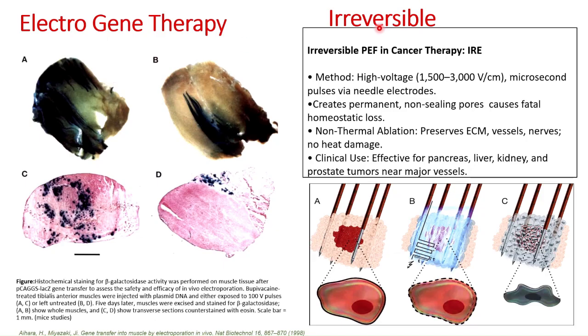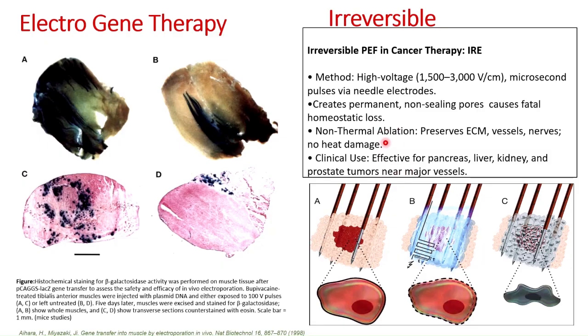The third is irreversible electroporation, wherein you actually do ablation of cancerous tumors, but it's non-thermal. It's coined as a non-thermal tumor ablation process. And here what you do is put really long pulses of the order of 2 milliseconds or so, and fairly strong electric fields of 1.5 kilovolts or so.